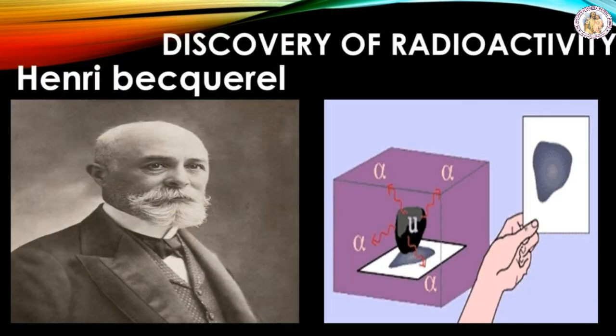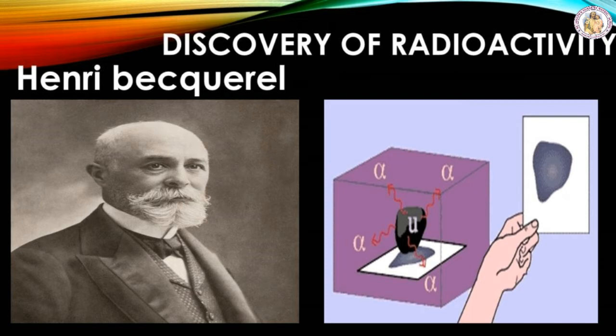Discovery of radioactivity. In the year 1896, French physicist Henri Becquerel finished his research for the week and stored a certain amount of uranium compound in the drawer for the weekend. By chance, an unexposed photographic plate was also stored in the same drawer. After a week, he returned and noticed that the film had been exposed to some radiation.